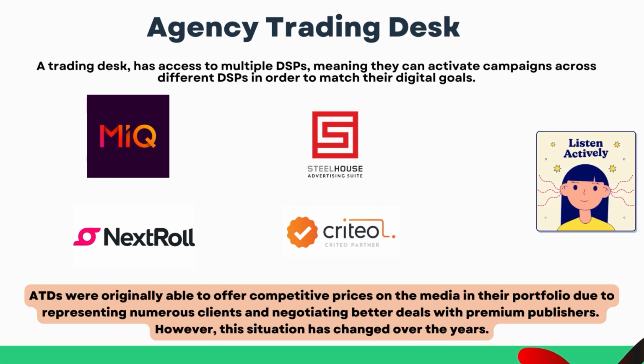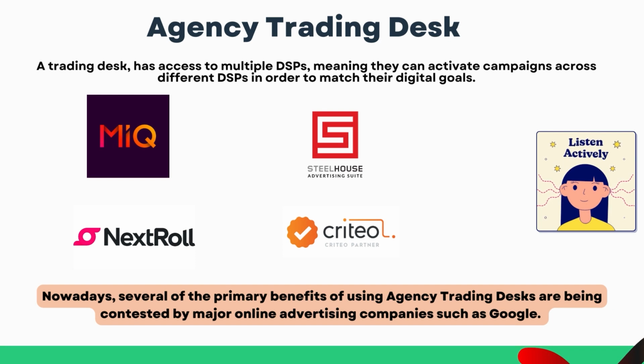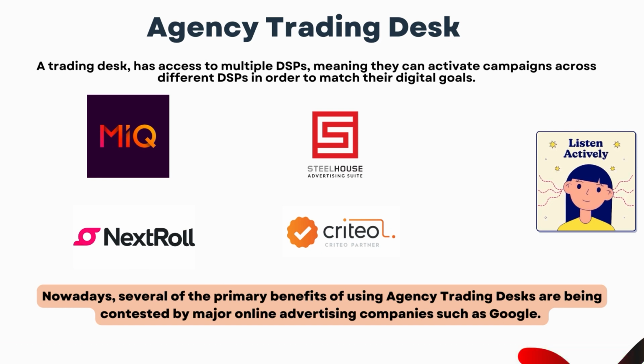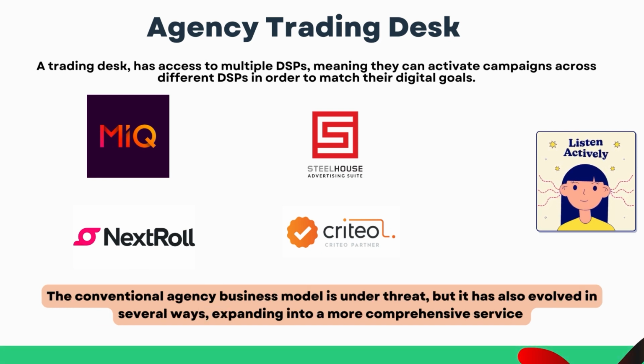ATDs were originally able to offer competitive prices on the media in their portfolio due to representing numerous clients and negotiating better deals with premium publishers. However, this situation has changed over the years. Nowadays, several of the primary benefits of using agency trading desks are being contested by major online advertising companies such as Google.